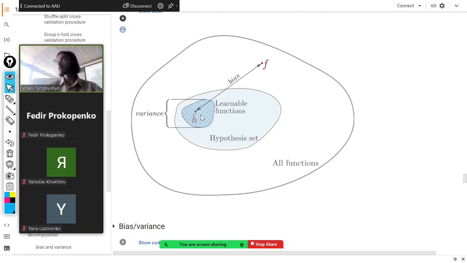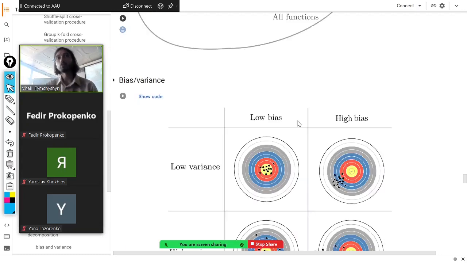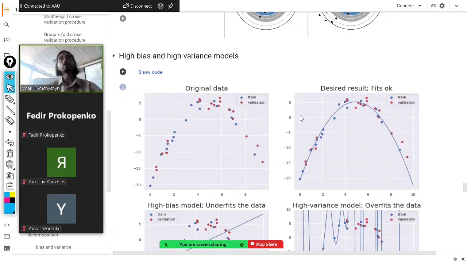So depending on the data set, I can get different points from these learnable functions. And the size of this set is basically the variance, so how scattered they are. This is the problem with the data set. You change something in the data set, you get something a little bit different. And this is the problem I told you about when we were talking about robustness. So I want my functions to be not so scattered around.